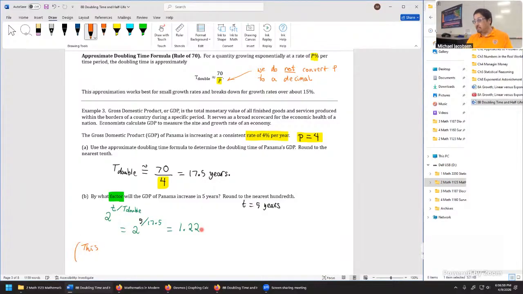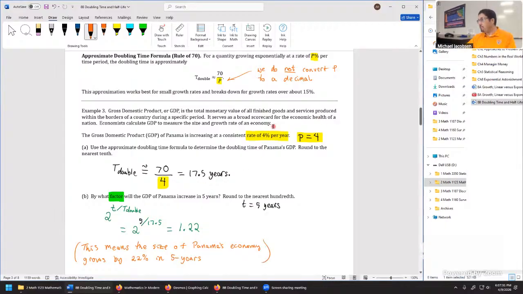Said differently, this means the size of Panama's economy grows by, if it's going to grow by a factor of 1.22, that means it grows by 22% in 5 years.